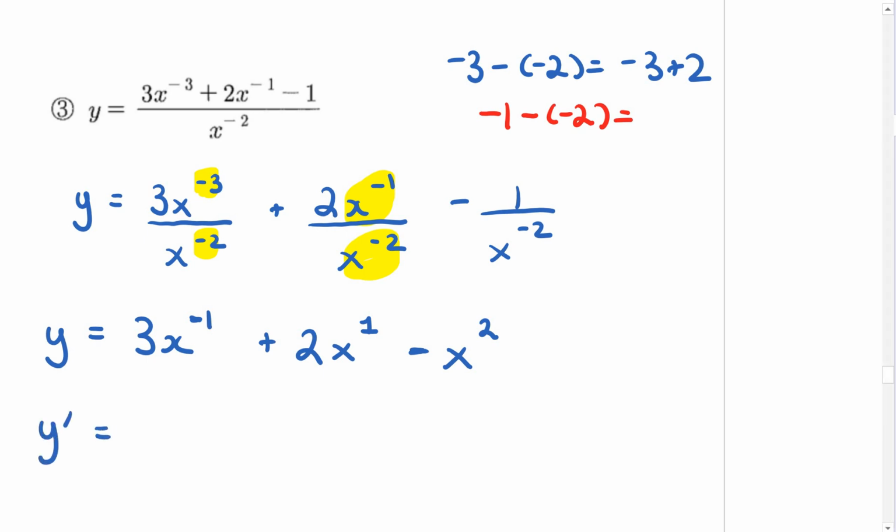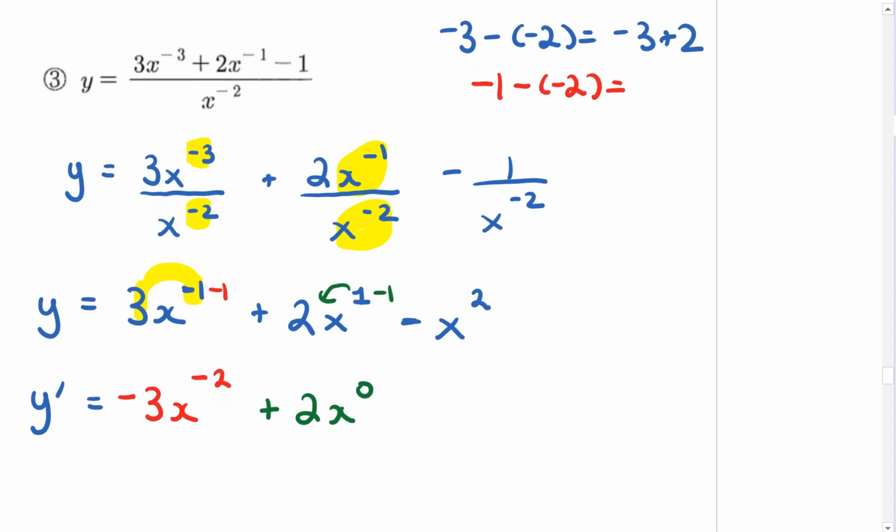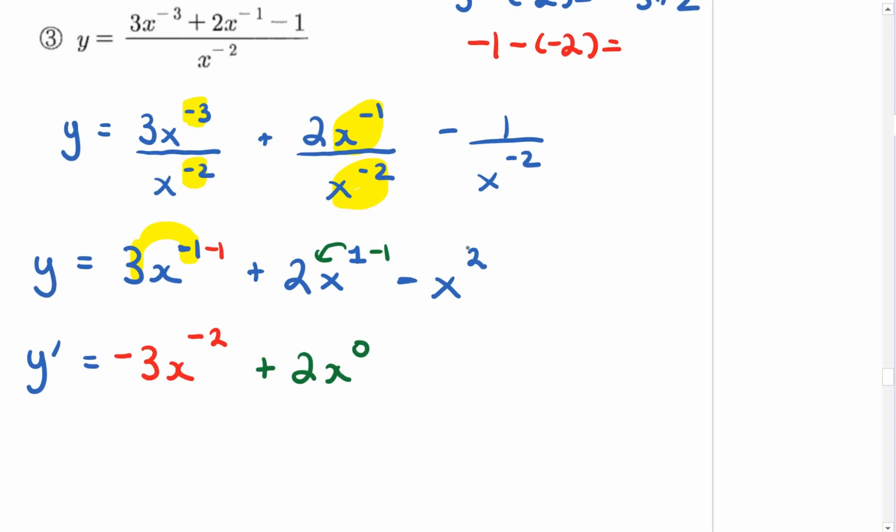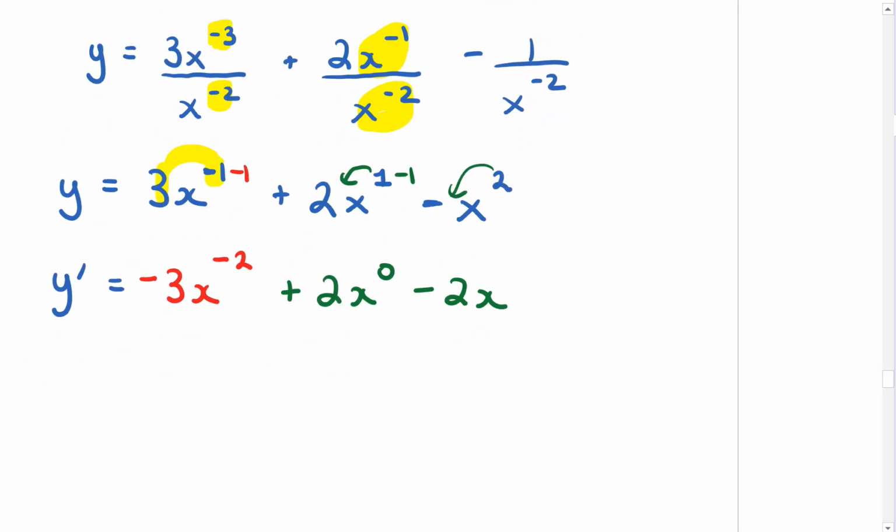So y prime. Okay, so negative 1 times 3 is going to be negative 3. So negative 3x, and then minus 1, so it'll be negative 2, right? All right, next one here, 1 times 2 is going to be positive 2. So 2x, and then we minus 1 from that, so it'll be 2x to the power of 0. And then finally, this 2 can come over here, so minus 2x there to finish that one off.